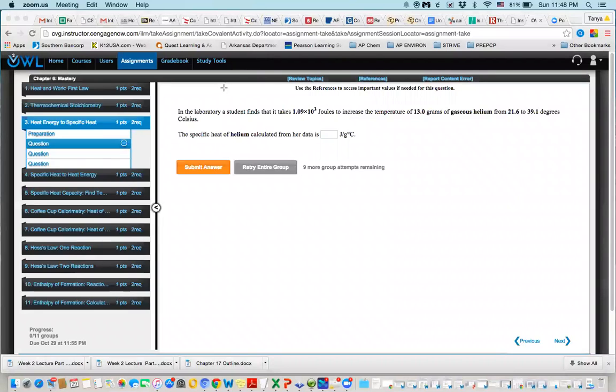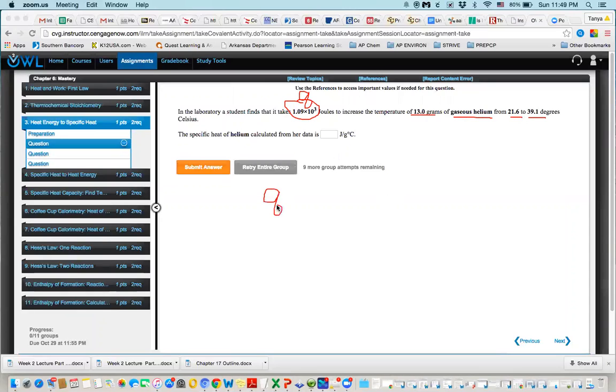So we have this many joules of energy. That would be our Q. To increase the temperature of 13 grams of gaseous helium from 21.6 to 39.1 degrees Celsius. And then they want you to calculate the specific heat from the data.